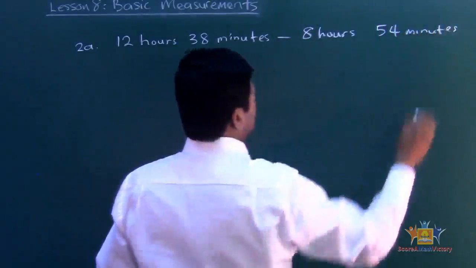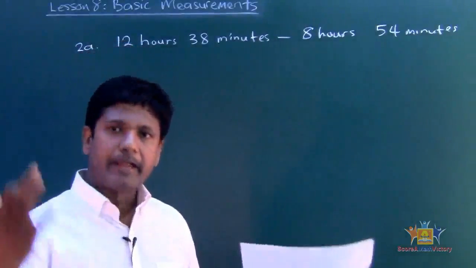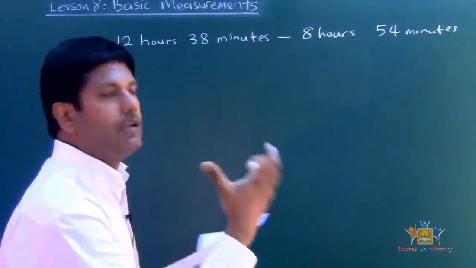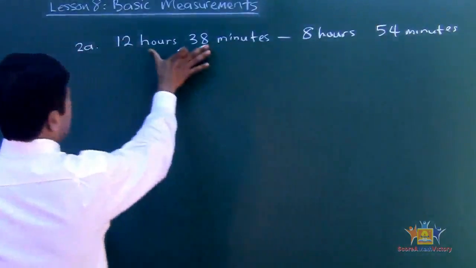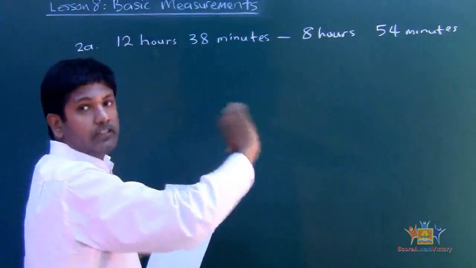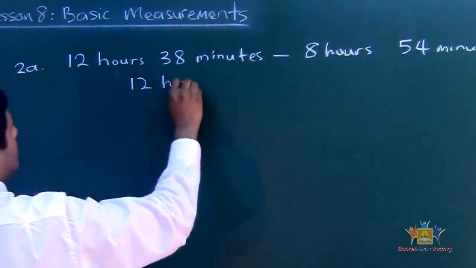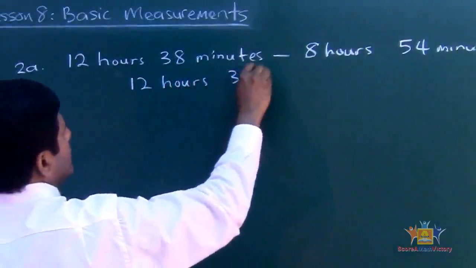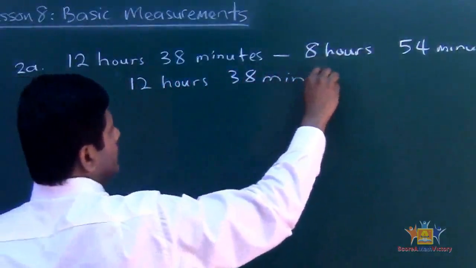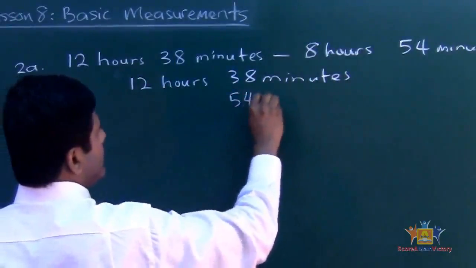Again, same thing like the addition. What do we have to do? Line them up by their units, by the family. So you have to start with this one. You cannot flip-flop when it comes to subtraction. So we're going to put 12 hours, 38 minutes, and then we'll line it up with 8 hours, 54 minutes.